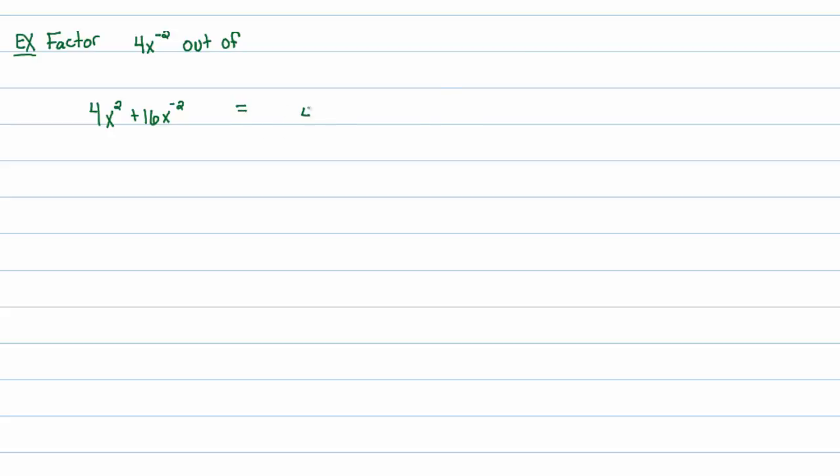So they're asking me to factor out a 4x to the negative 2. Well, what I had originally in this first spot was a 4x squared, but I'm dividing out a 4x to the negative 2. So let's see what that term becomes. Equals, well, the 4 over 4 cancels and becomes 1 over 1, which is just 1.